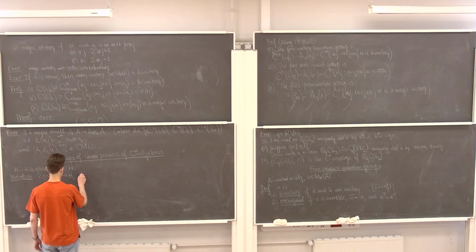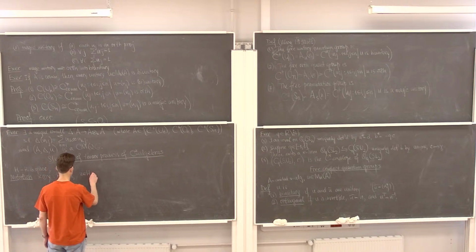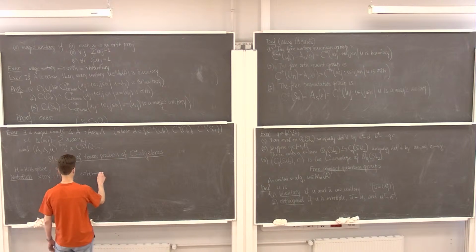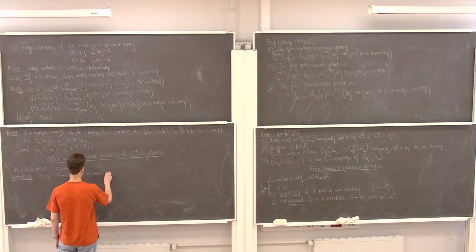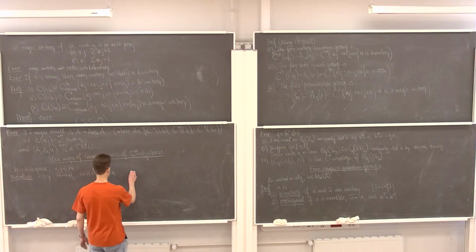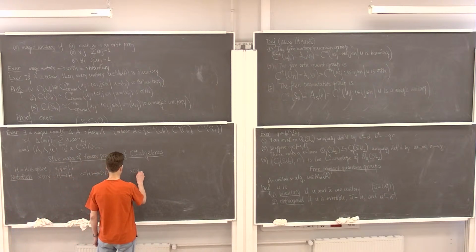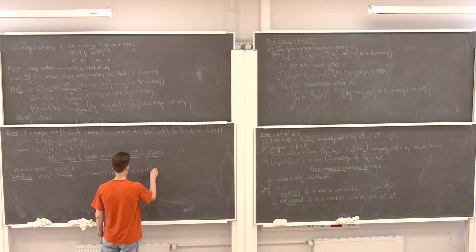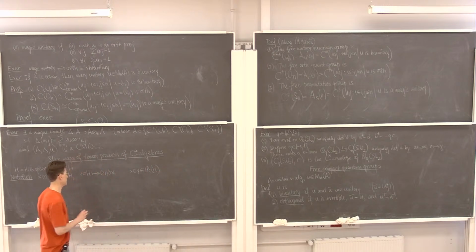It takes every element Z in H to the inner product of Z and Y times X. So this is a very simple rank 1 operator. Its range is one-dimensional and is spanned by X. So clearly this is a bounded linear operator.